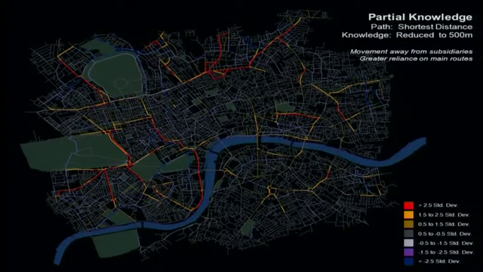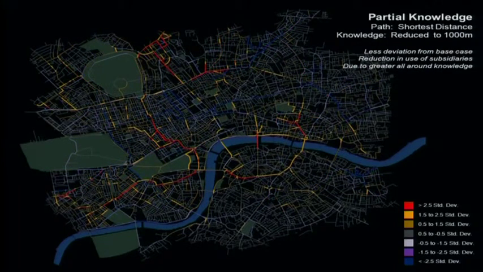This shows the shift in patterns again, a lot more movement to the main roads because people only know the main roads and the area around their origin and destination. So that's showing that shift. And again, if you define the knowledge in a different way, you get a different representation.